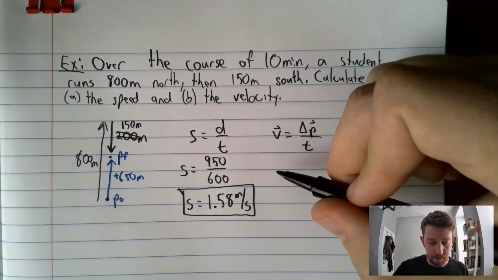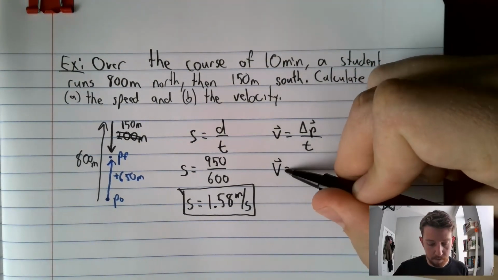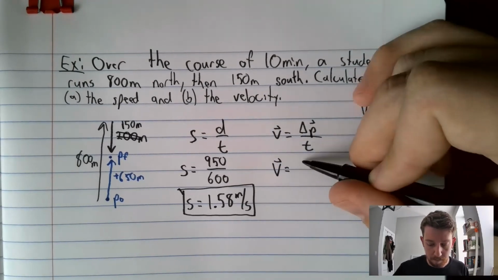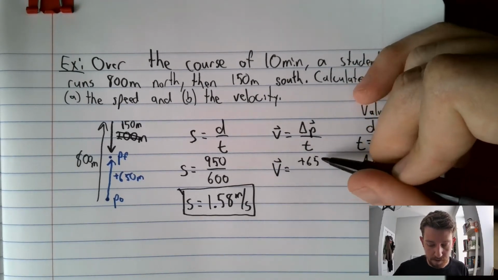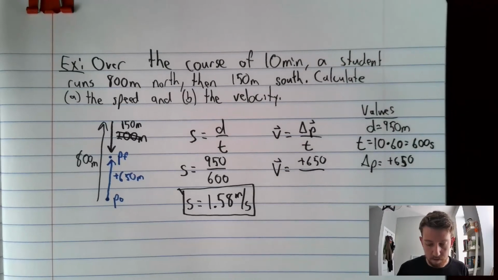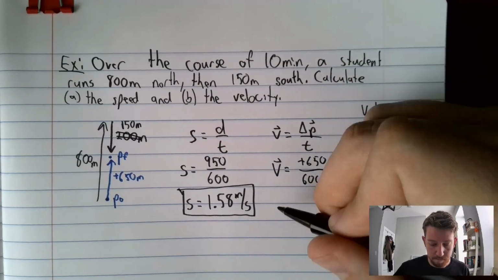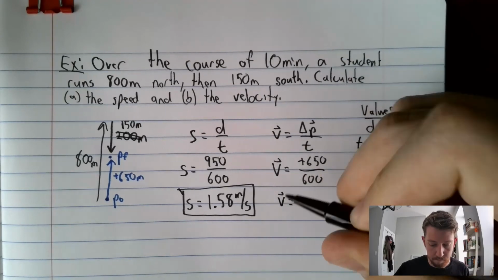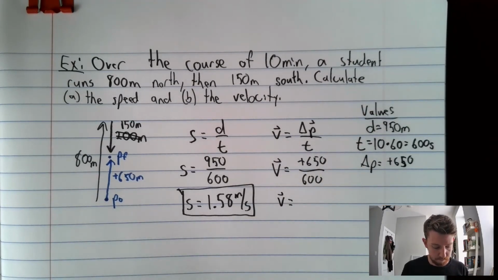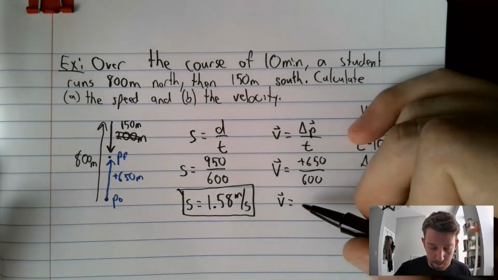And velocity is going to be positive 650 over 600. So that's 1.08.